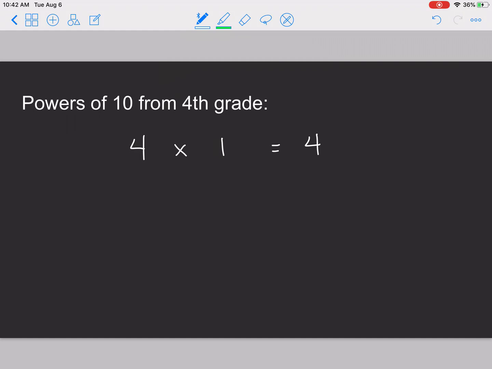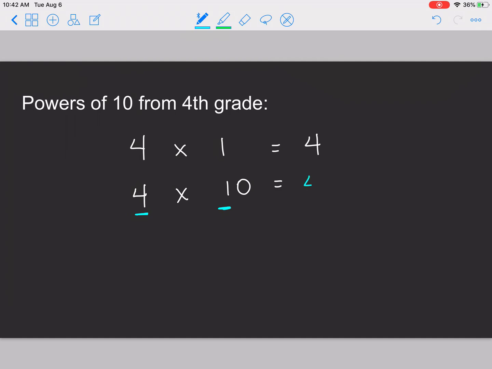Well, let's change that 1 in our multiplication problem. We're still going to keep our 4 and say 4 times 10. And as we go through to solve this, a lot of us know 10 times 4 is 40. But if you break it down, we've got that original equation from up above, 4 times 1.